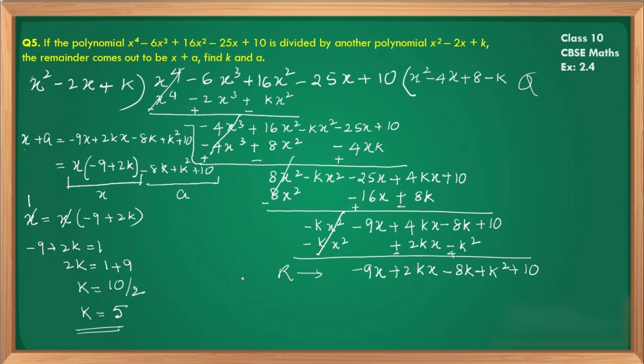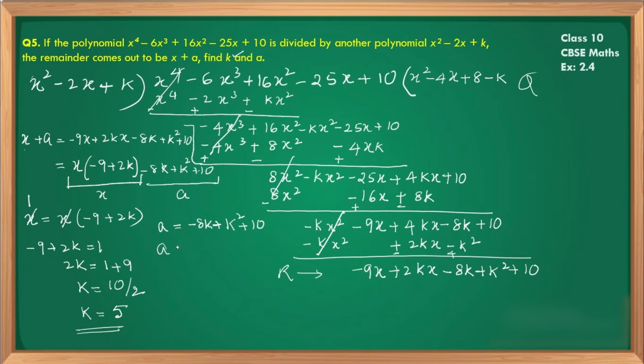Now that is equal to 5. The value of k we could find out. That answer is over. k is equal to 5. Now what is the leftover? We have to find out a. Now that you can find out from this equation. a is equal to minus 8k plus k square plus 10. Now wherever we have k, we can substitute this value, that is 5.